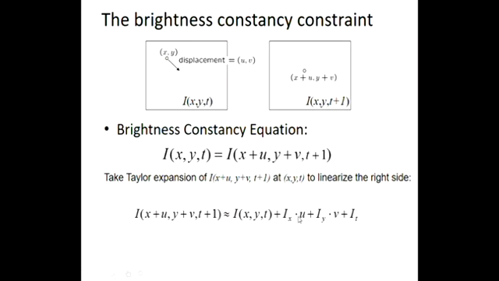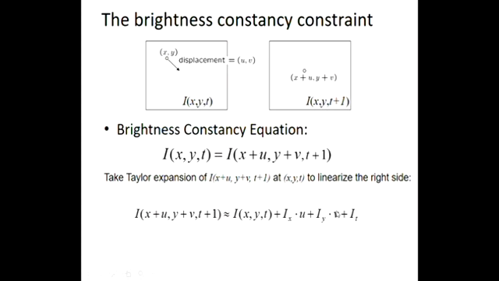That gives us I(x, y, t), the intensity of the point at frame t, plus the derivative of the intensity in the x direction times the u displacement, and u and v are what we want to estimate here, plus the derivative of the intensity in the y direction at that pixel times the v displacement, plus the difference of intensity at that point.